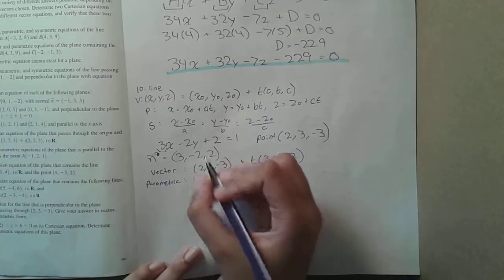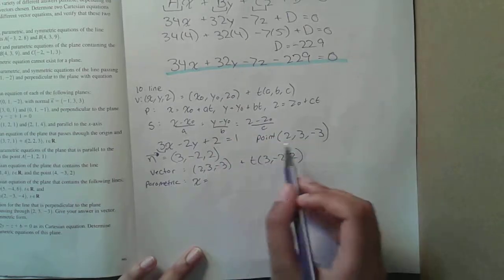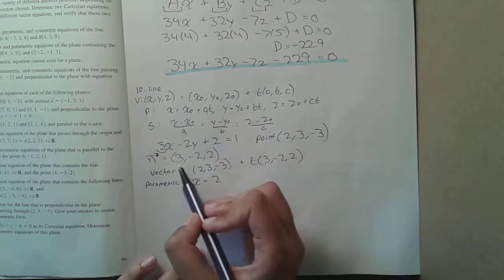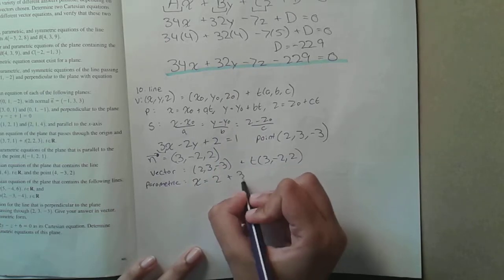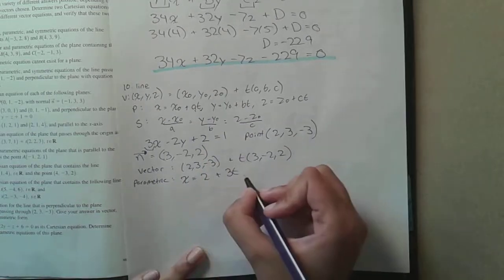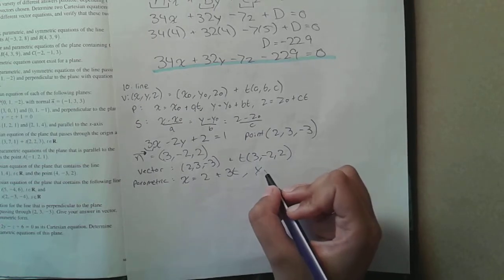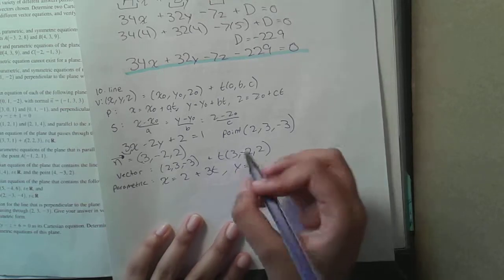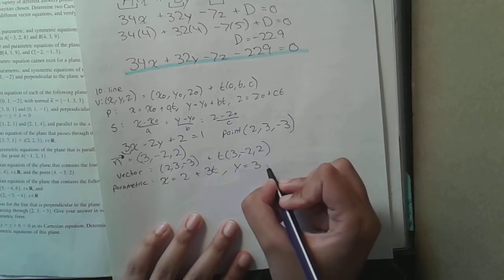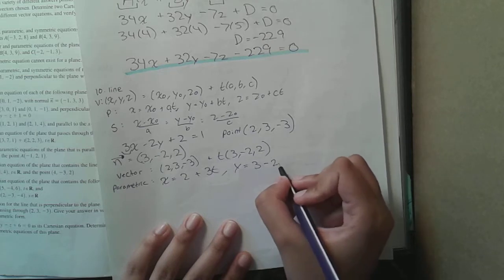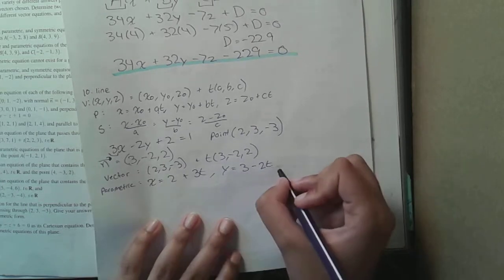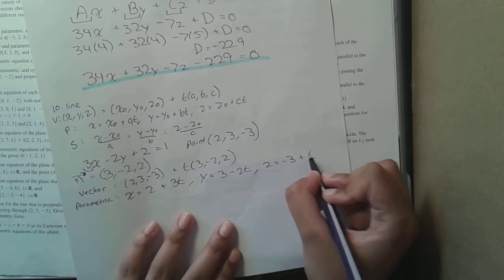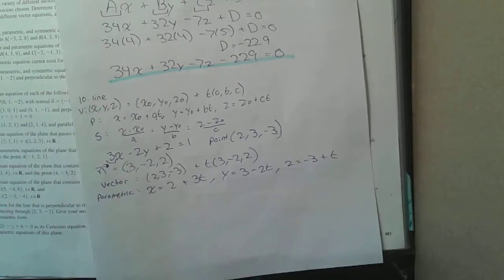So x equals x original, so we get the original from this point, 2 plus at, and a is from the normal, plus 3t. So that's our x. Now for y, we have y original, which is 3 minus 2t. And for the last one, z, negative 3 plus t.